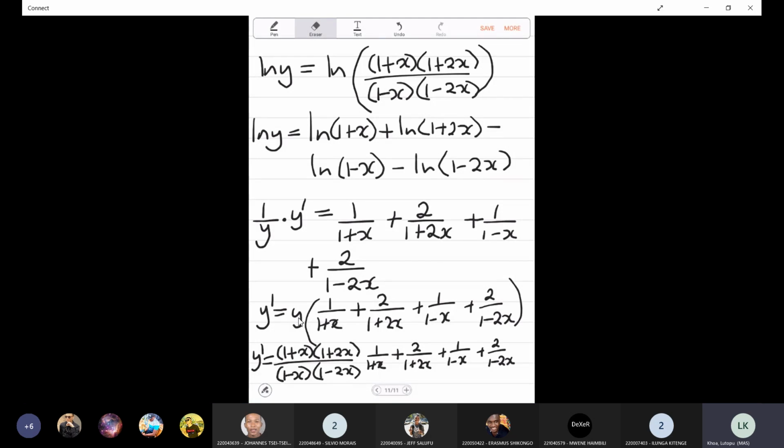Okay, then you put your brackets like that. So sometimes it's good enough you just leave it like that when your y is some very long expression. Otherwise, you can always substitute it back like that.